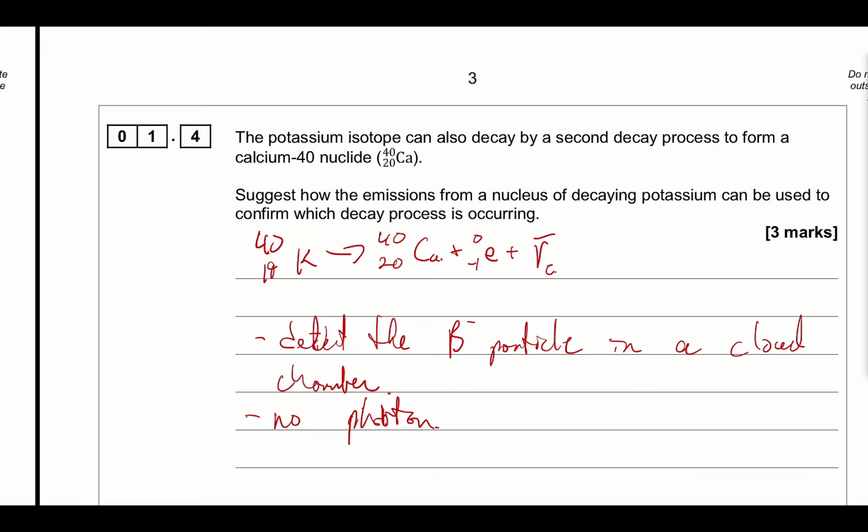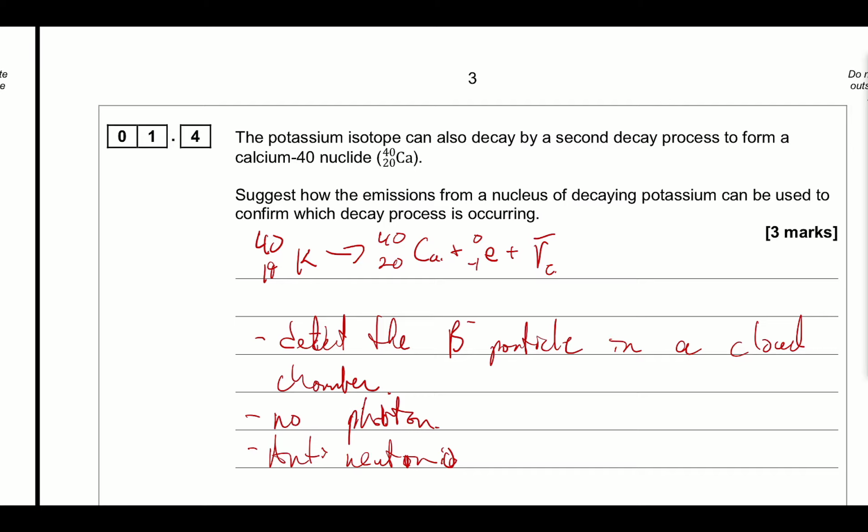So there's no photon. You've got an antineutrino. That's what gets released. You can't really detect these things, right? You can't detect the absence of a photon being released, and you definitely can't detect an antineutrino being released.